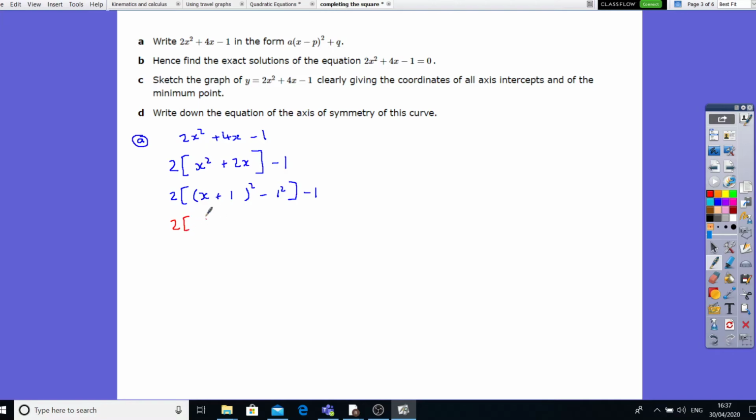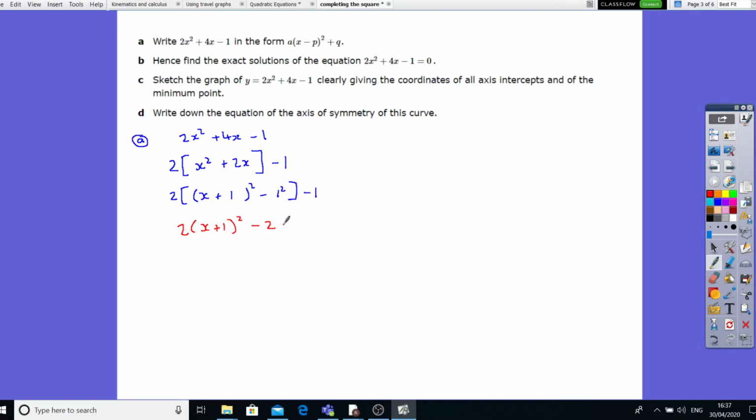Now let me neaten this up. I'm going to put in two steps here, 2 and 1. I'm going to get rid of the square bracket, so I'm going to multiply everything by 2. So 2 times this bracket gives 2, open bracket, x plus 1 squared, and 1 squared is 1 with the minus there. 2 times minus 1 is going to be minus 2.